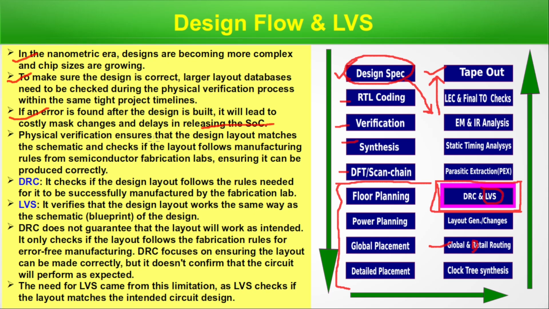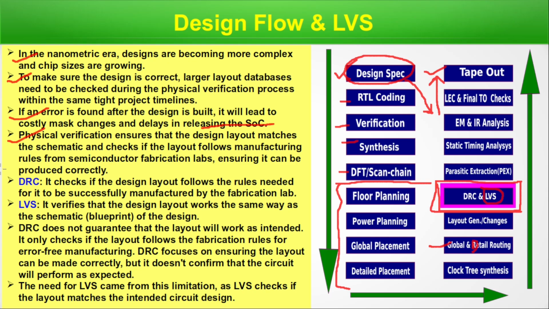Physical verification ensures that the design layout matches the schematic, and checks whether the layout follows manufacturing rules from semiconductor fabrication labs, ensuring it can be produced correctly. When we have a design and a layout, it's good. Although, since we are following a technology node, when it is going to be fabricated in the foundry, it has to follow some rules.